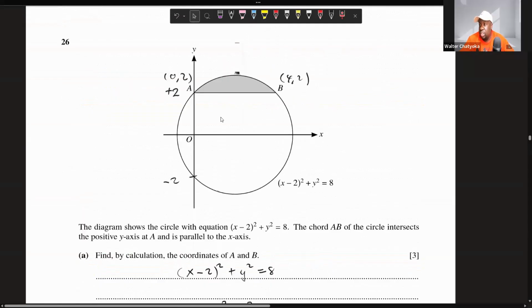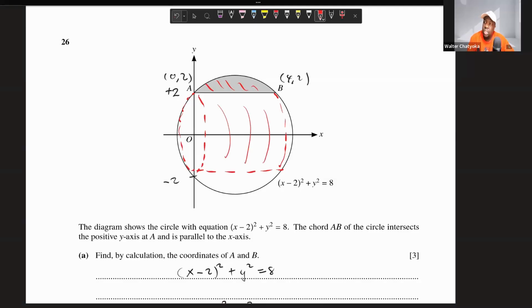I'm sure you understand from the previous question that since this region is not attached to the x-axis, if we rotate it about the x-axis, there's a cylinder which we do not need that is going to be formed, which we will need to take away from our calculation of the volume generated when part of the curve is rotated through the x-axis.